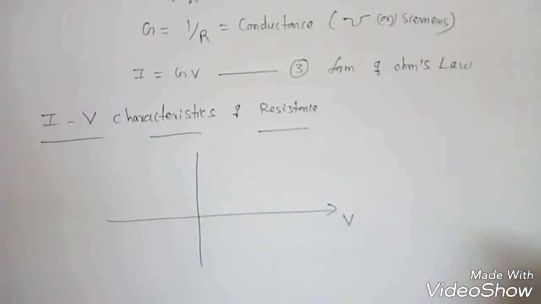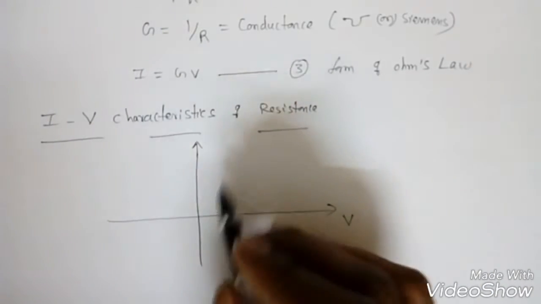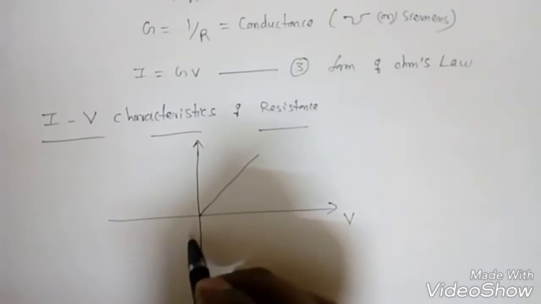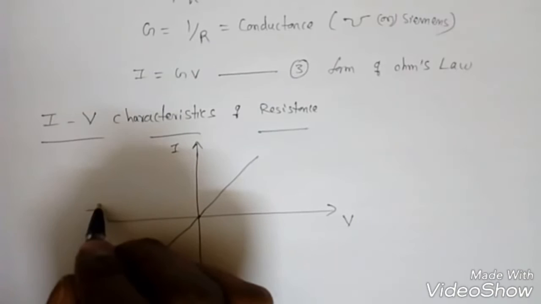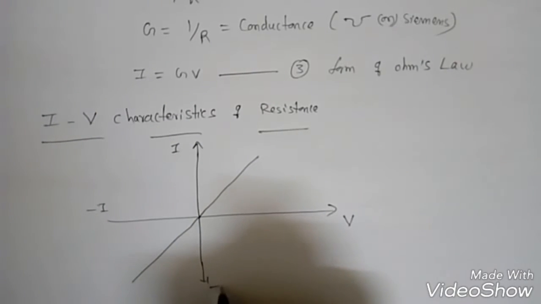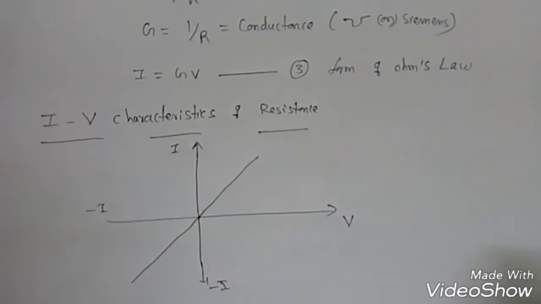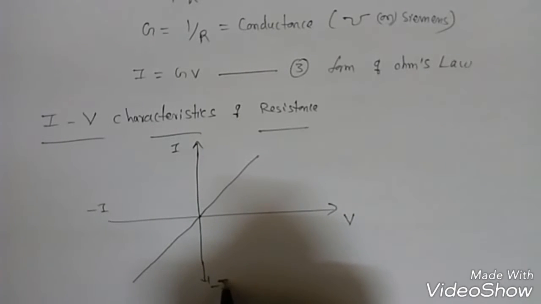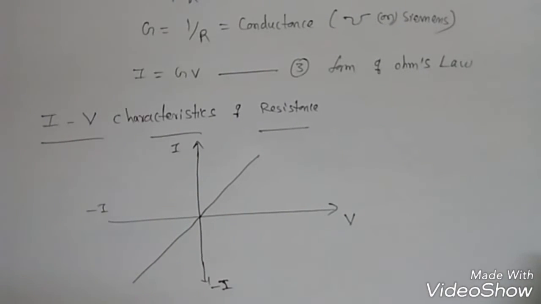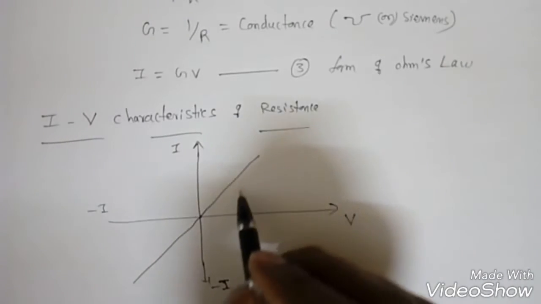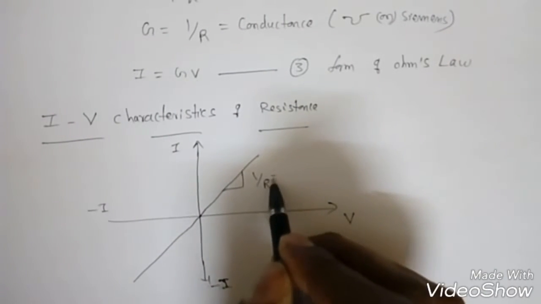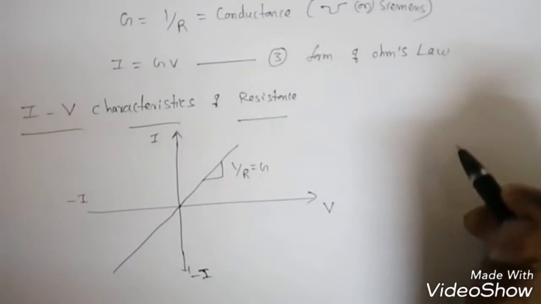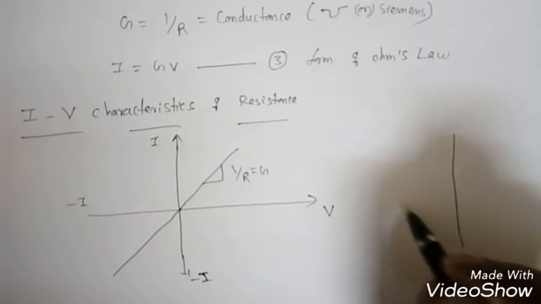So if V is varying, the current also will vary linearly, right? Like this. So slope always positive. This is minus I, right? So in the IV characteristics, what is I by V is nothing but 1 by R. So it is conductance. So this diagram also can be written in the opposite way.